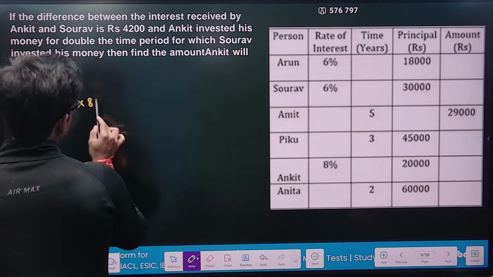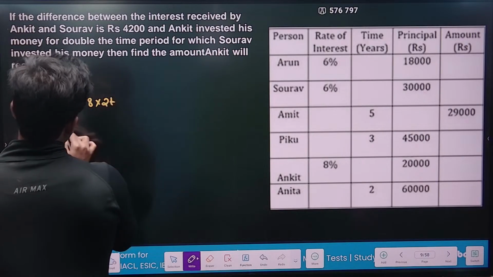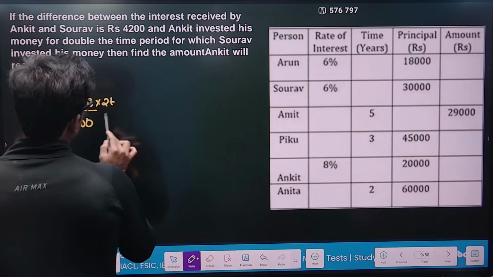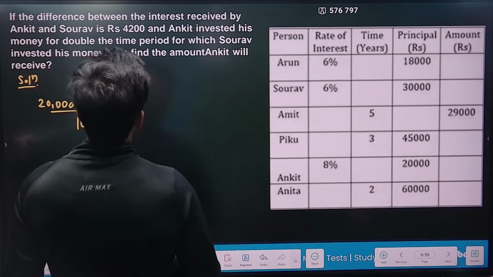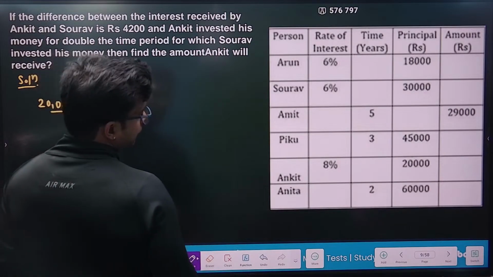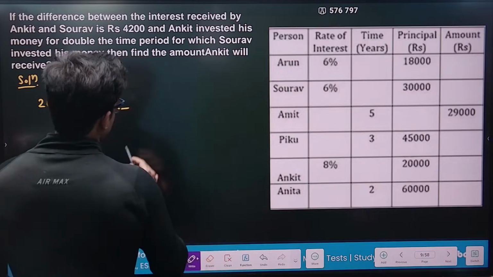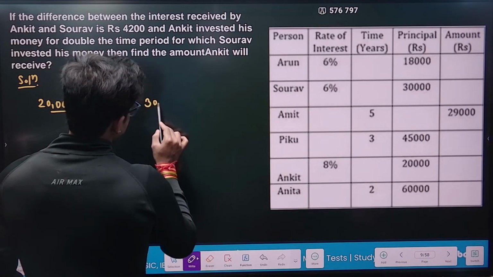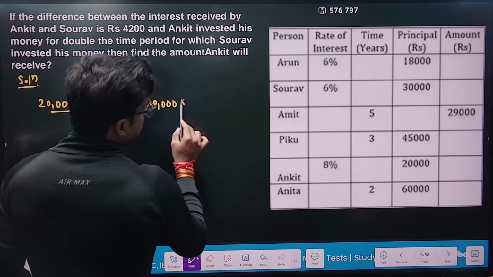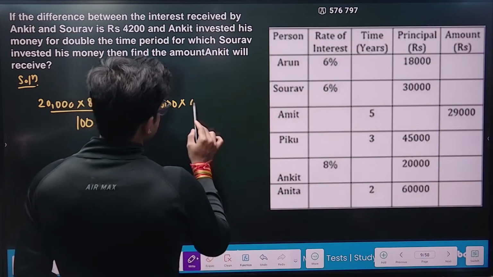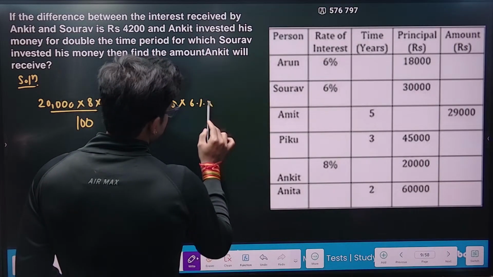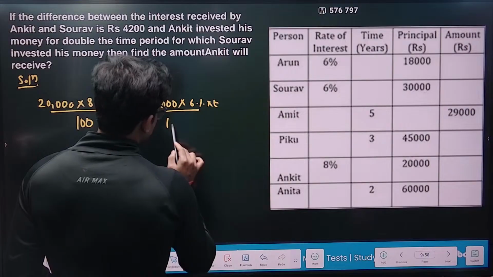into 8 into 2t by 100 minus Saurav, 30,000 into 6% into t by 100.